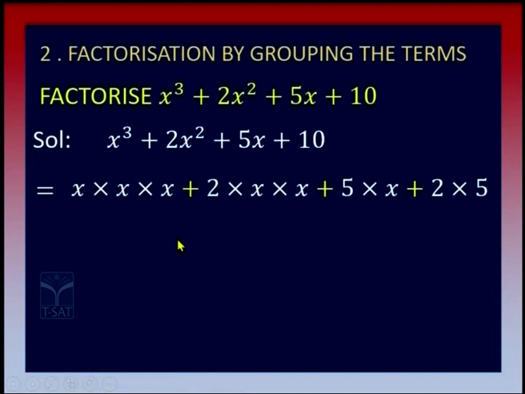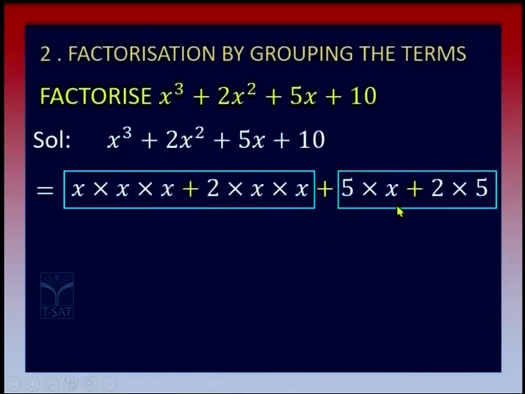Now what we do here, we group the first 2 terms. We make the first 2 terms as one group and the next 2 terms as another group. There are 2 groups formed here. From the first group, you observe what term you find as common. Here x is common and there is another x also common.